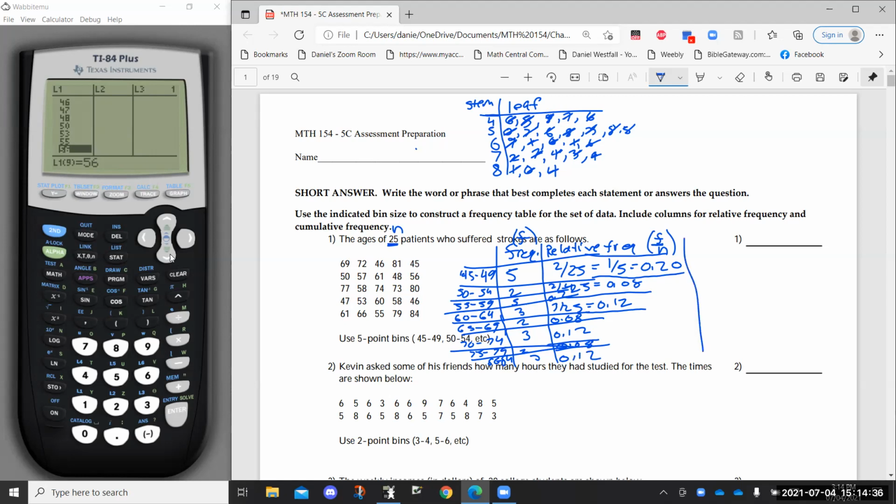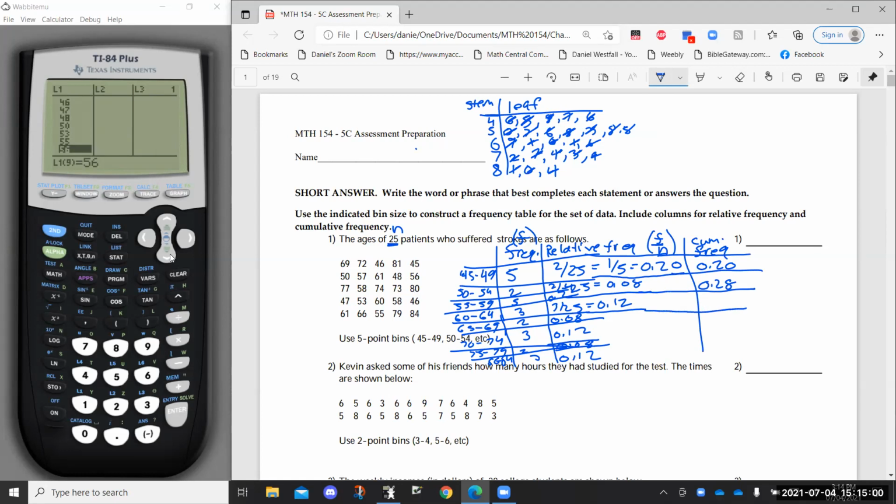Now, the next thing that I wanted in my final answer is going to be cumulative frequency. And that's going to be the sum of these frequencies. So I'm going to start off and have 20%. See, that's a 0, getting ahead of myself. Then I'm going to add this 8% to it, and I get 28%.